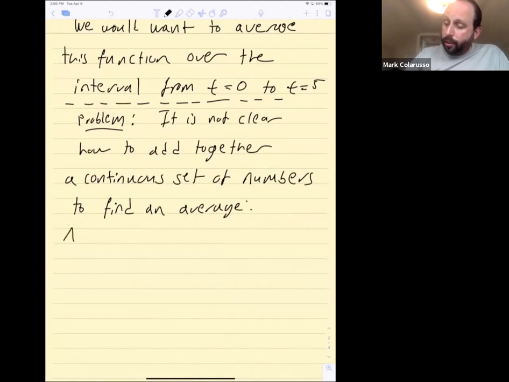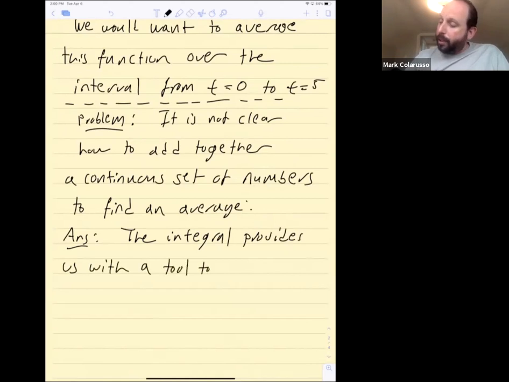And the integral provides us a tool to do this.